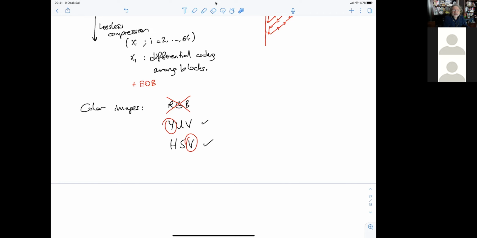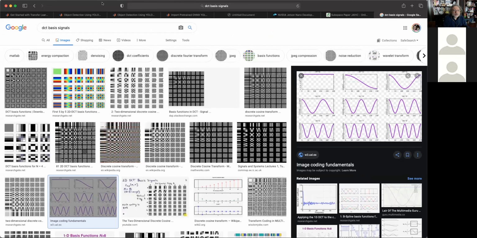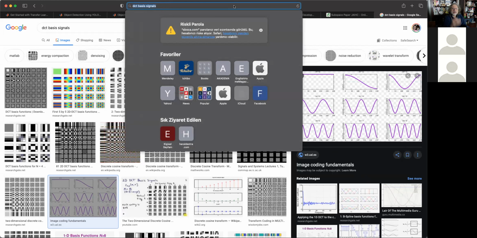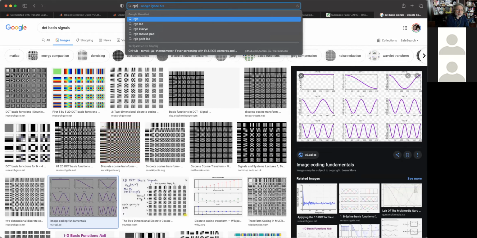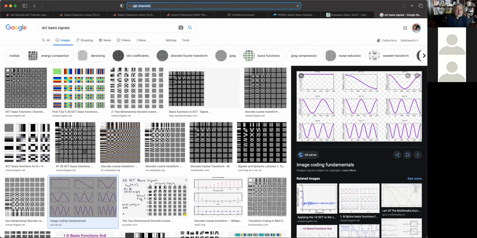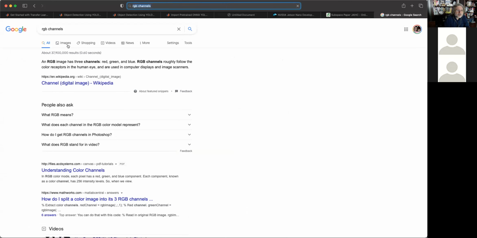Let us try to find some examples from the web. So I'm switching the sharing to my browser here, and let us see RGB channels. Let's see what kind of images will come out.